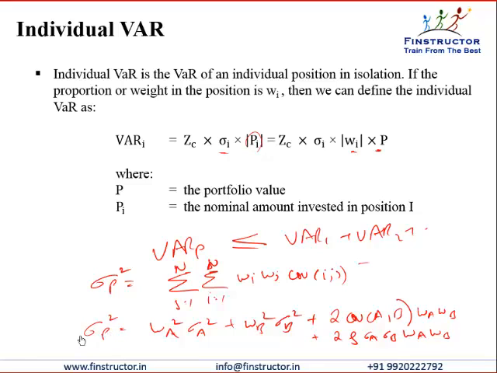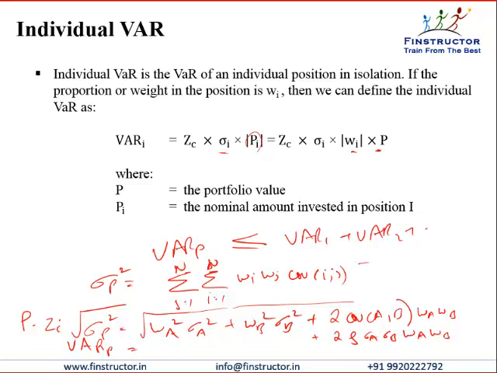If we take the square root of the variance, we will get the standard deviation of the portfolio, and if we multiply it with z and the value of the portfolio, we will get the VaR of the portfolio.